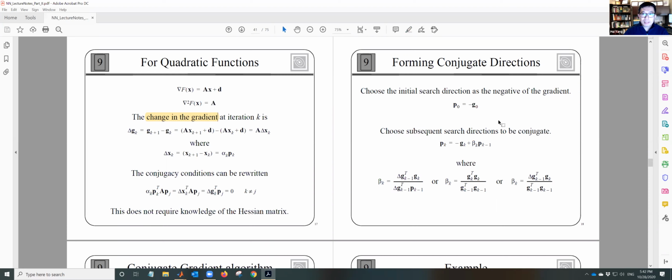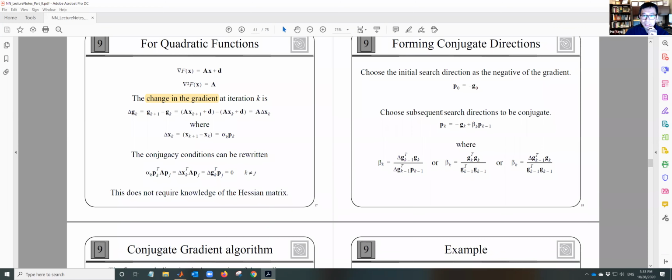In the conjugate gradient method, choose the initial search direction first, because in the very beginning you only have one initial point and don't have the change in the gradient. So you just set it as the negative of the gradient. Then you choose the subsequent search directions to be conjugate. The next search direction is the gradient at the current location plus beta k times pk minus 1, the previous search direction.